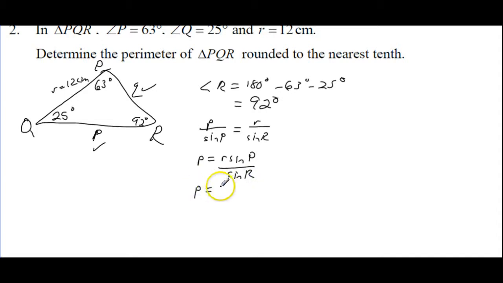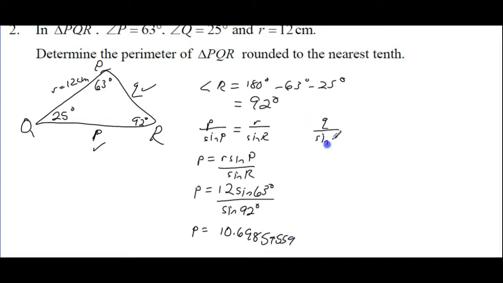And now I can substitute. So r is 12 times the sine of 63 degrees over the sine of 92 degrees. So p is equal to, if you're using your calculator, 10.69859559.